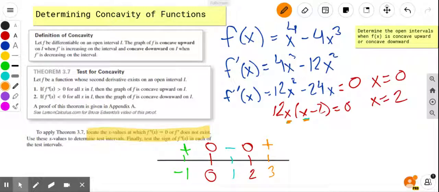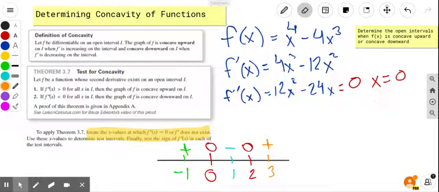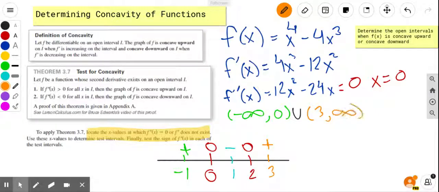Okay. So based off this number line, here's what I can say. For the concave upwards, it's wherever my second derivative is positive. So I can say from negative infinity to 0, or from 2 to positive infinity, that's where it's concave upwards.